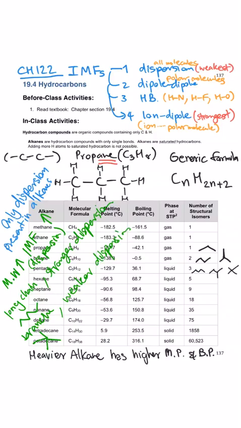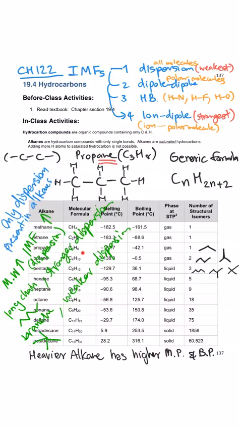According to this, then we can look at why some of them are in gas state and some of them are in solid or liquid. So, for example, we know that these alkanes are non-polar molecules. Therefore, only dispersion would be present in this molecule. The next thing we're going to look at is the molecular weight.